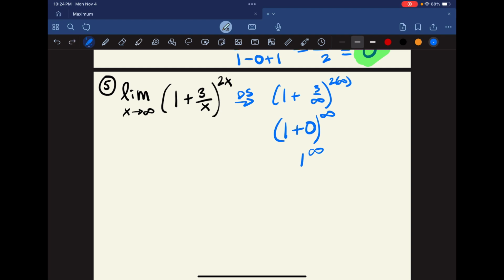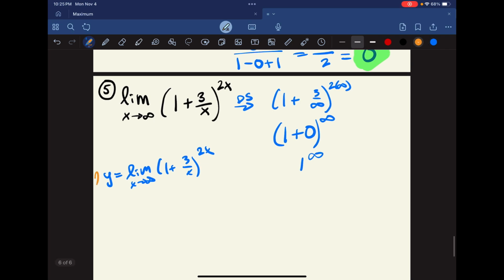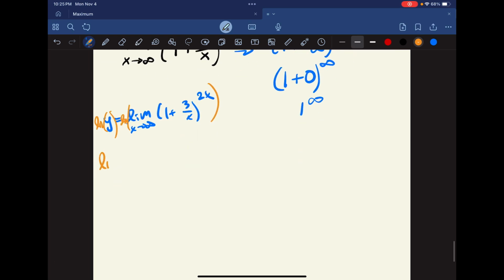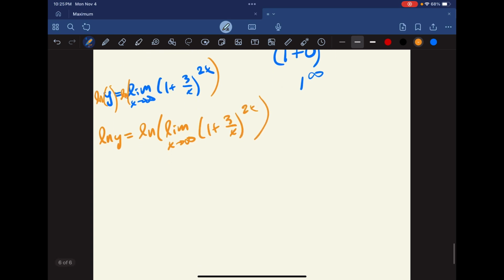So we basically say y equals the limit as x approaches infinity of 1 plus 3 divided by x all to the 2x. So then, kind of like we would with logarithmic differentiation, we just take the ln of both sides. So we've got ln y equals ln of the limit as x approaches infinity of 1 plus 3 divided by x to the 2x.